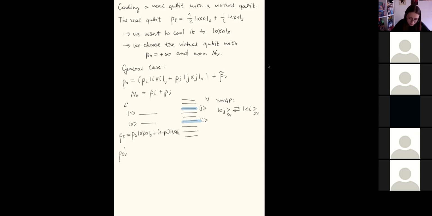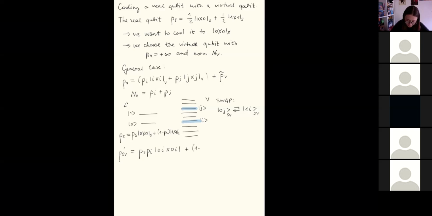Then the joint state of the systems S and V after the swap can be written as: p_S p_i |0i><0i|, so this does not change. Then the population of the state |0j> swaps with the population of the state |1i>.